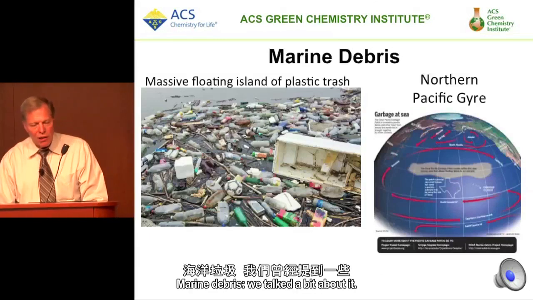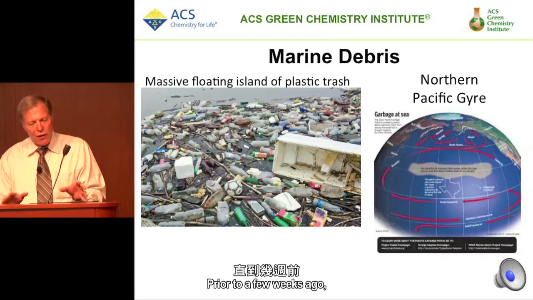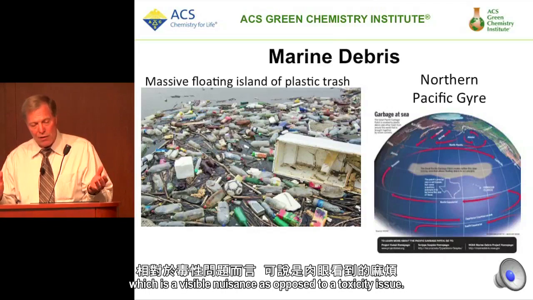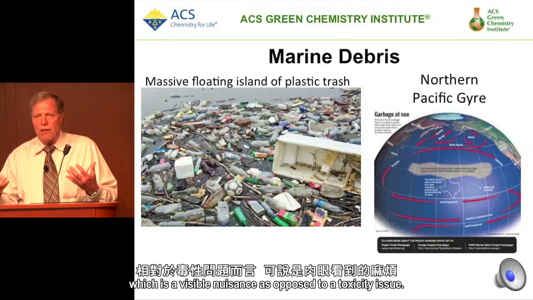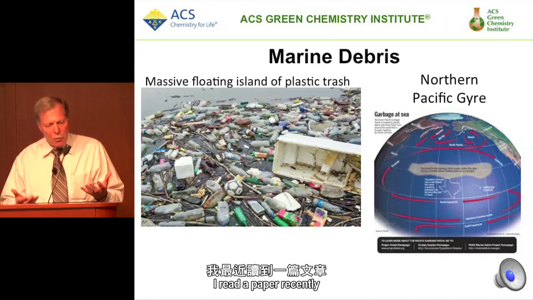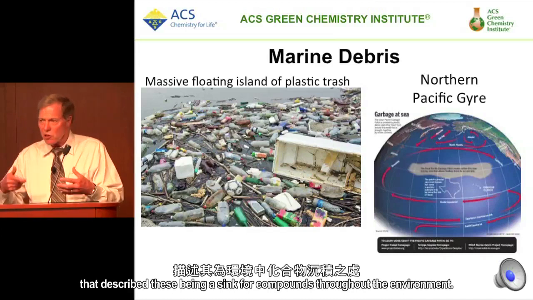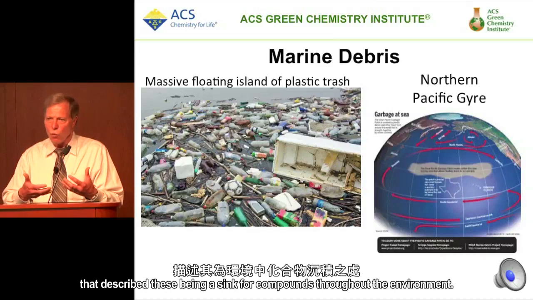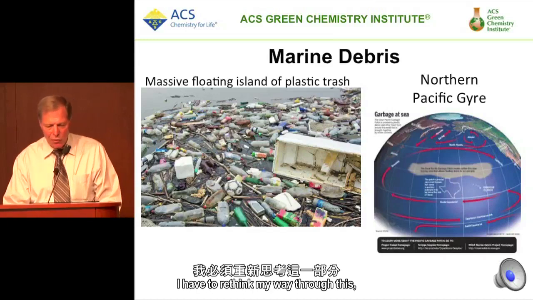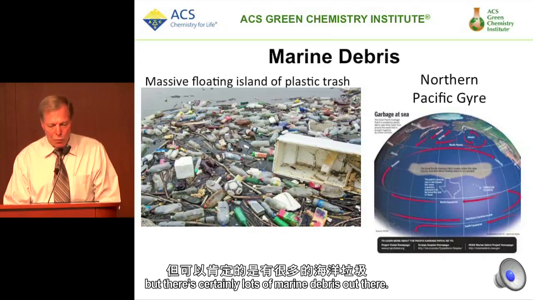Marine debris, we talked a little bit about this. Prior to a few weeks ago, I used to think of marine debris, and plastic in general, primarily as a visible nuisance rather than a toxicity issue. But I read a paper recently that described these as a sink for compounds that are out in the environment. So I have to rethink my way through this a little, but certainly there's lots of marine debris out there.